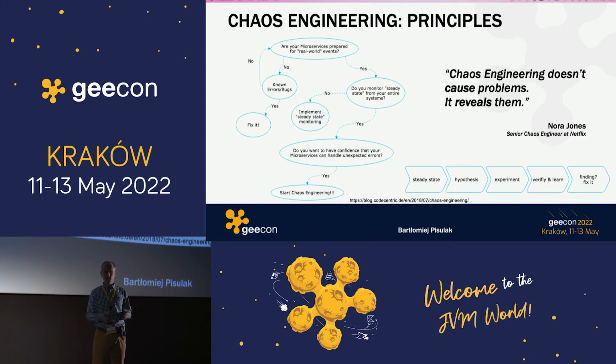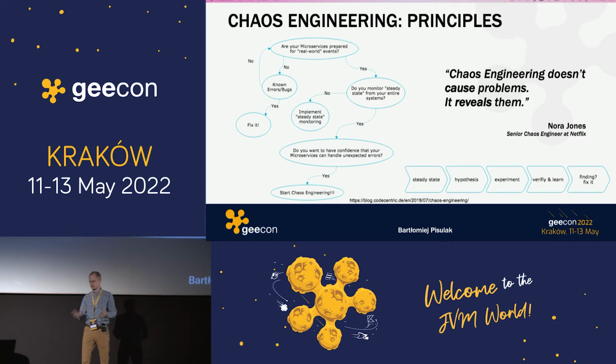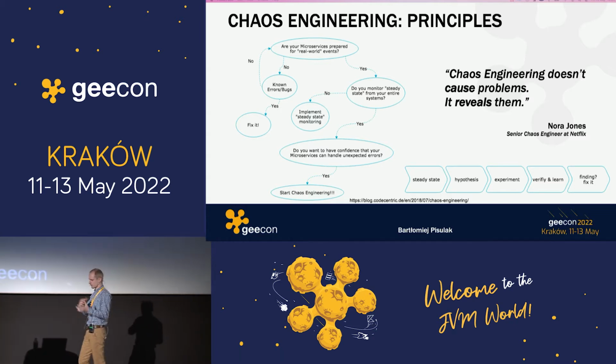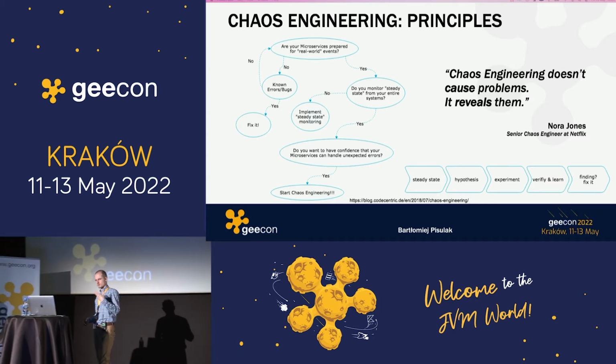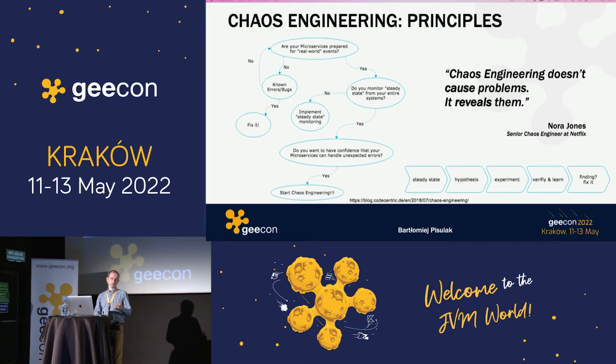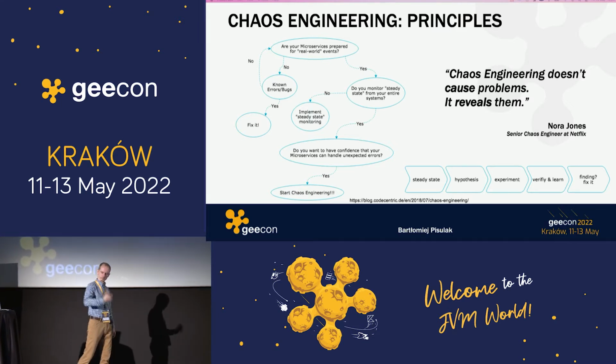That's the hypothesis. Then you run the experiment. So you actually kill one of your servers, depending on, of course, the tooling you're using. It can be done in different ways. Then you verify if your hypothesis was right, and you just learn. You observe, you see if there are some problems, something that can be improved.